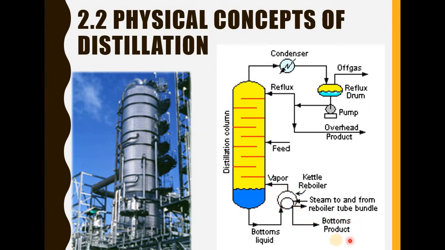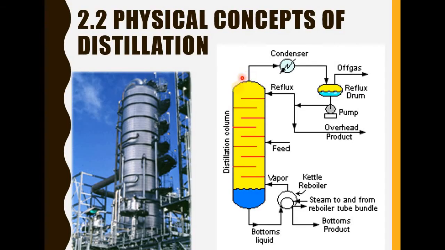We can either collect it as a bottom product, or recycle it in the form of vapor, and it will enter the column all over again. So this is the physical concept of the distillation process.